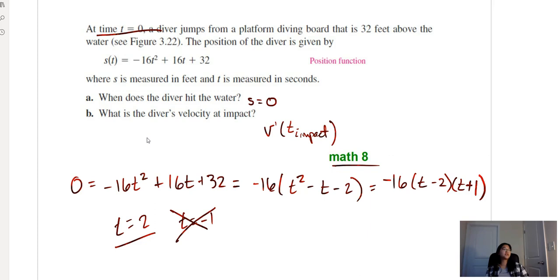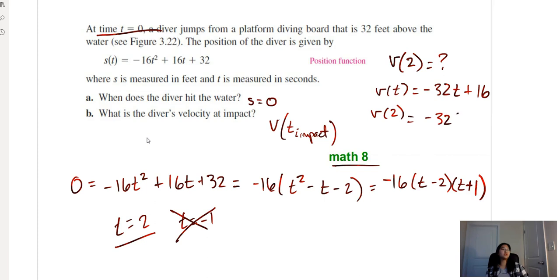What's the diver's velocity at impact? Well, we need to find our velocity, which is not a v prime, it's just a v. V at t impact. So v of 2, what is that going to be? Well, we need v of t in general, which is the derivative of our position. So what is that? -16 times 2 is -32t plus 16. So then v of 2 equals -32 times 2 plus 16. And oh yeah, the derivative of 32 goes to 0, right?